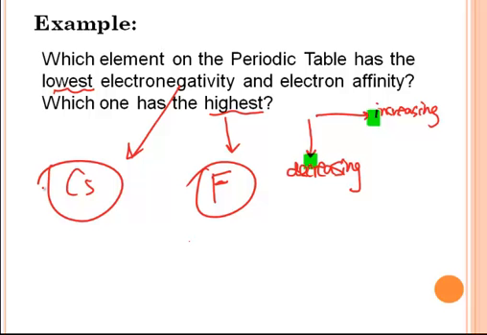So with higher electronegativity, it's stronger or easier for you to gain an electron. The electron affinity is associated with the amount of energy released by the neutral atom when it gains the electron. The stronger the electronegativity, the larger the amount of energy released, so the higher the electron affinity.